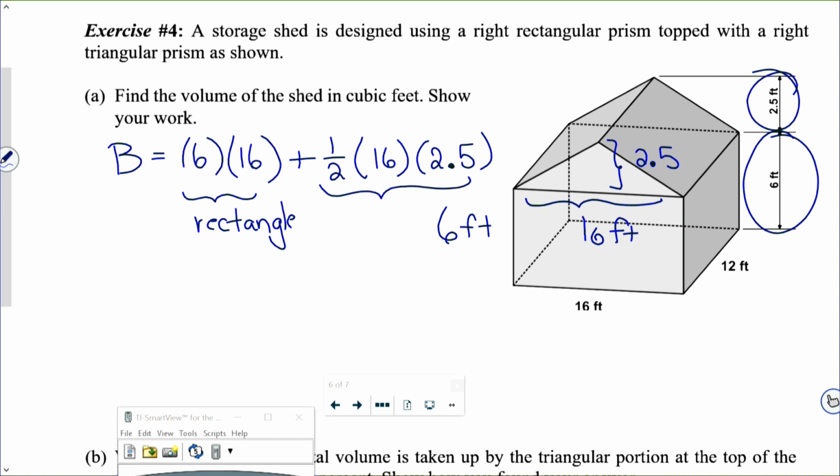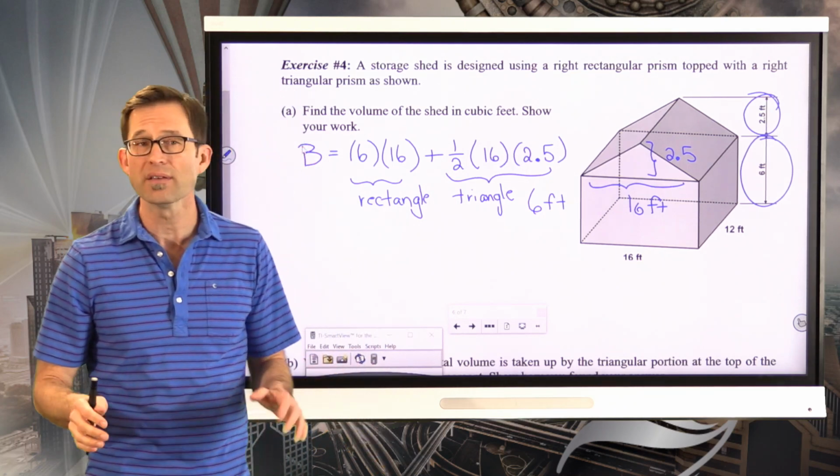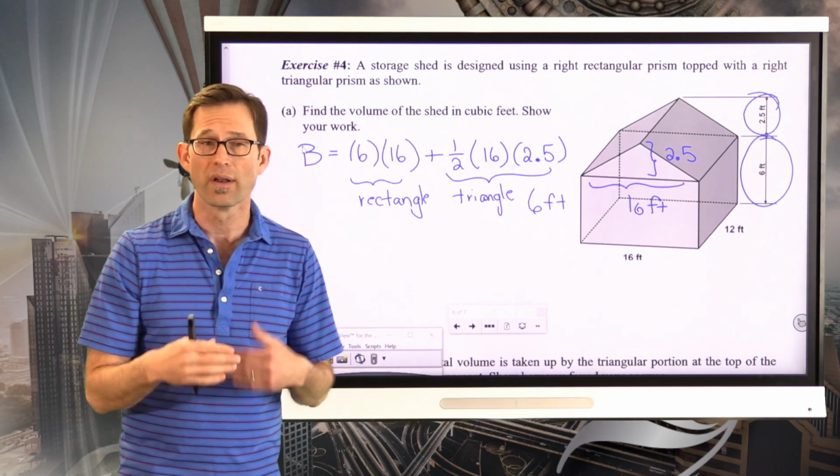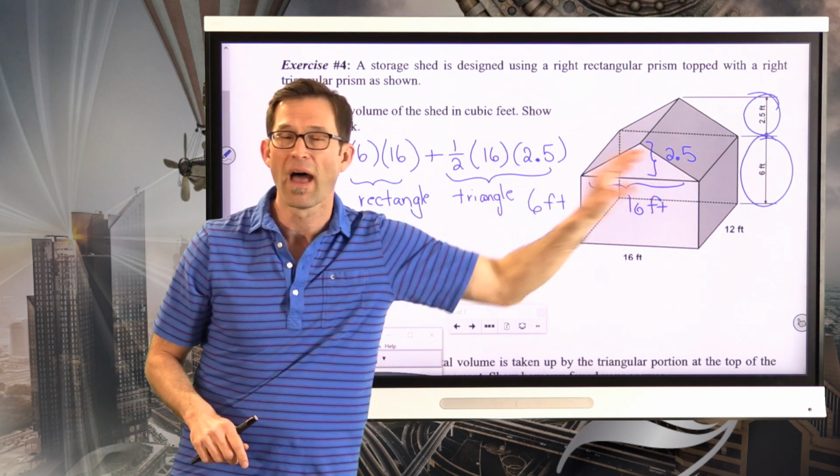And that's my triangle. All I'm getting in this calculation is the area of the base. And again, just because it's not sitting on the base doesn't mean it's a base. The base is just two polygons that are identical and parallel. And that's the front side of the storage shed and the back side.